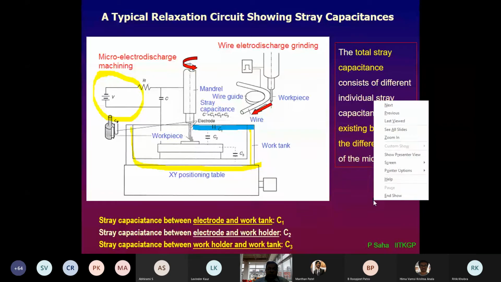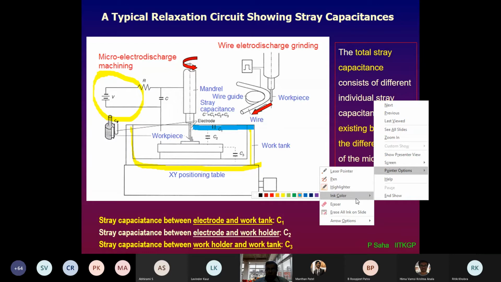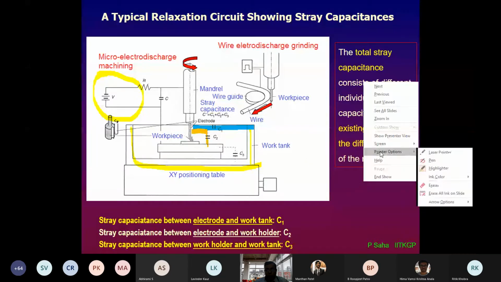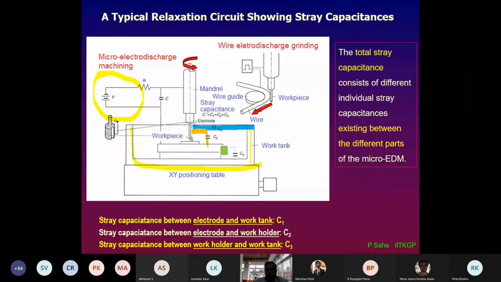The second stray capacitance is between the electrode and work holder. This is my work holder and this is my electrode, so it is between this. And the third one is between the work holder, let me put a different color, between the work holder and the work tank.